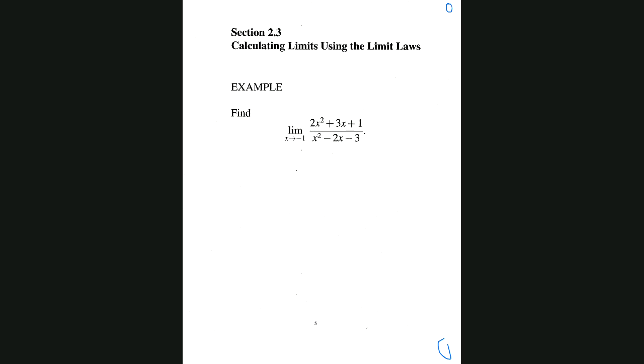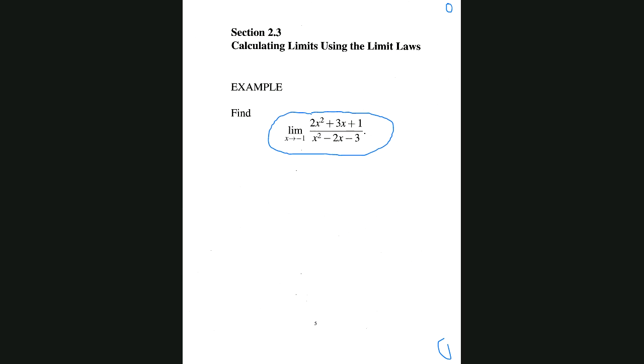Okay, so in this example, we want to compute the limit as x approaches -1 of the rational function 2x squared plus 3x plus 1 over x squared minus 2x minus 3.